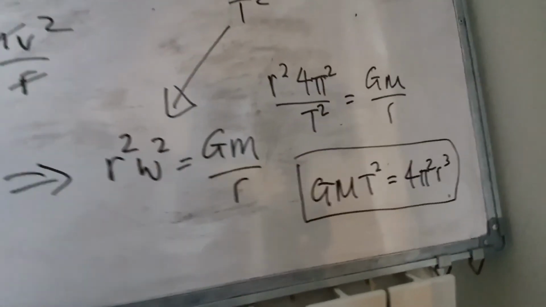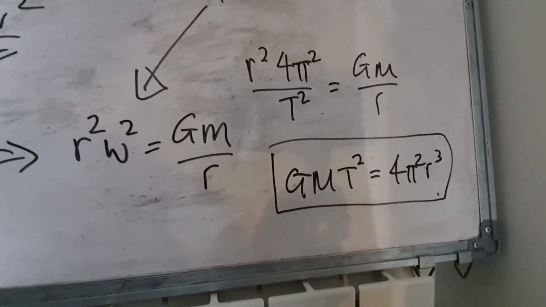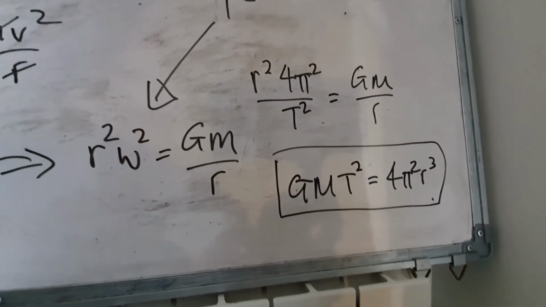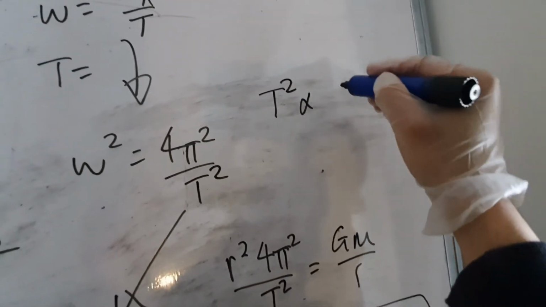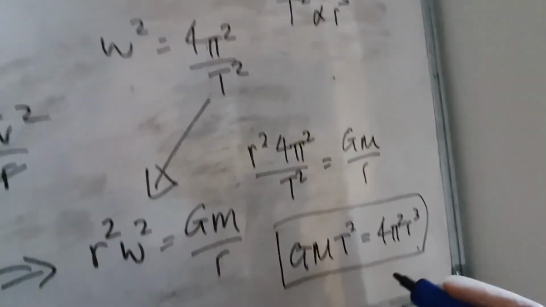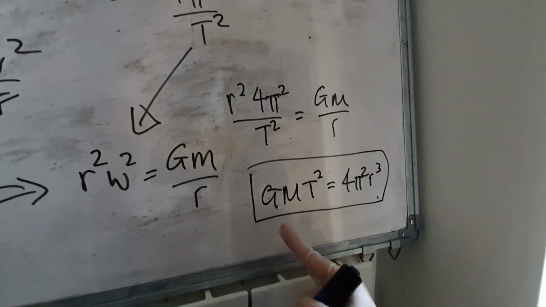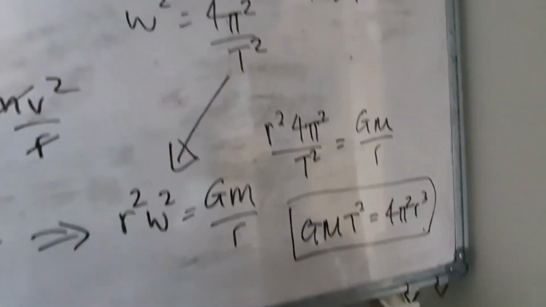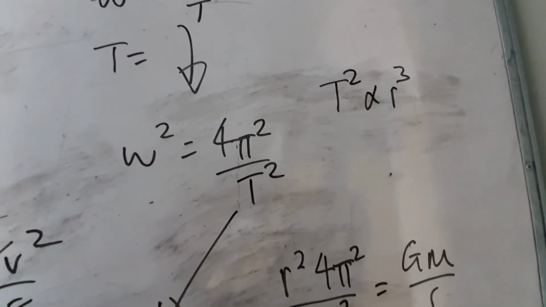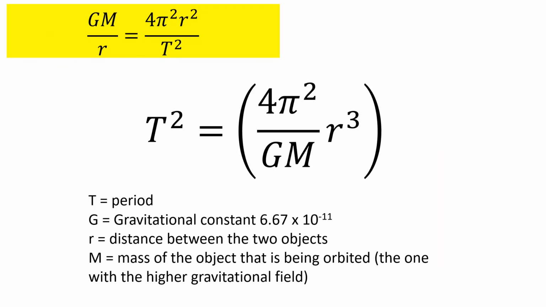From this equation you can see that T squared is proportional to r cubed, because assuming that the mass is constant, G is a constant, and 4 pi squared is a constant. So the final equation is T squared is equal to 4 pi squared divided by GM multiplied by r cubed. Therefore T squared is proportional to r cubed.